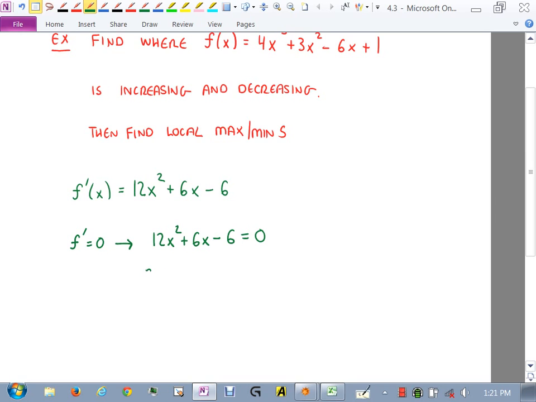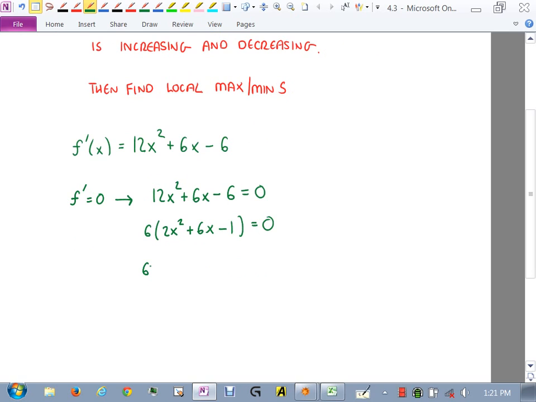You can factor a 6 out if you don't like that 6. And then I believe this quadratic factors: 2x... I forgot to pull the 6 out of the middle, sorry. 2x what?